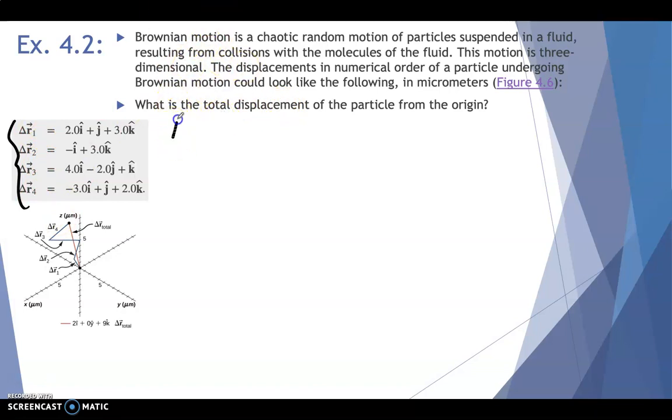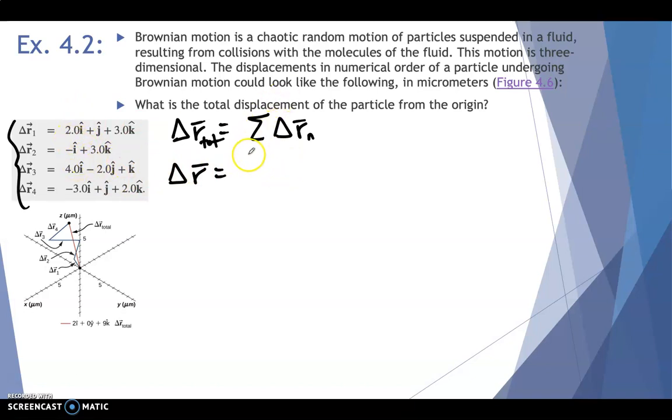So our total displacement, delta R, you can say total if we want, is going to be the sum of each individual delta R. So we'll take all of these values and add them up.